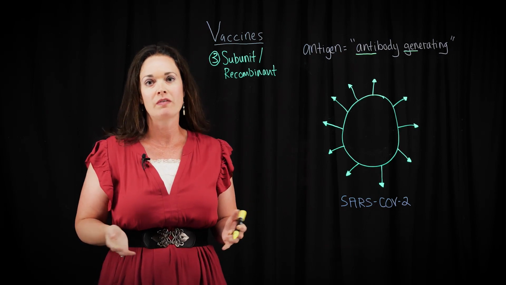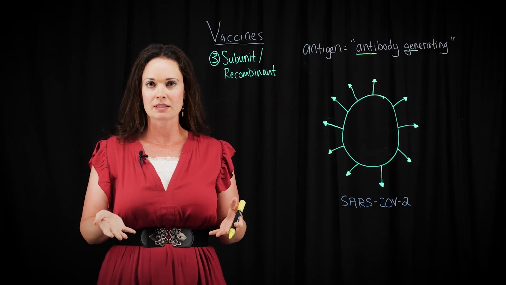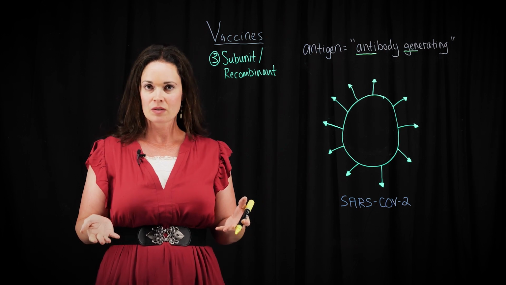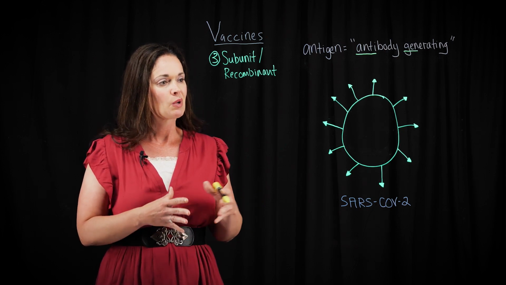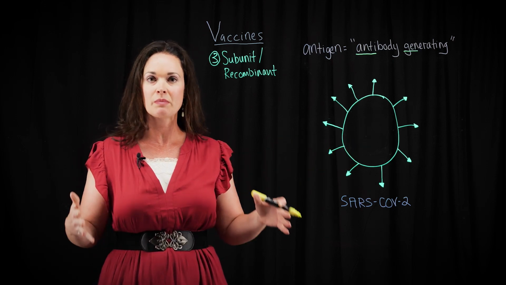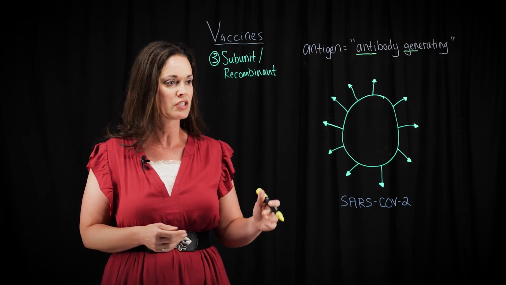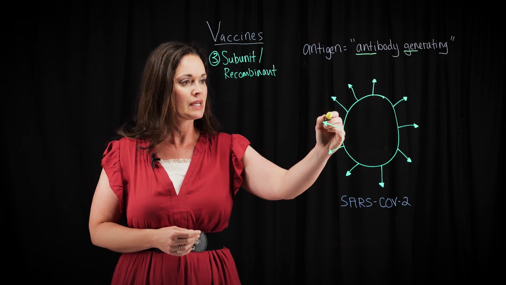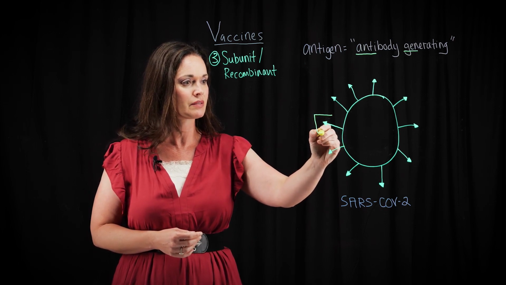So the third type of vaccine I want to talk about is what's known as a subunit vaccine, sometimes also called a recombinant vaccine. But what's happening with this particular vaccine is we're not killing the pathogen, we're not weakening the pathogen. Instead, we're taking just a part, okay?